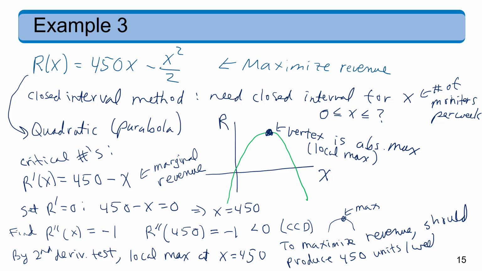But if you look back, the question was what rebate should they charge? How large of a rebate should they charge to maximize their revenue? So we need to find what is the rebate that corresponds to this. To help figure that out, we can go back to our price function or demand function, P of x, and plug in 450 for x.